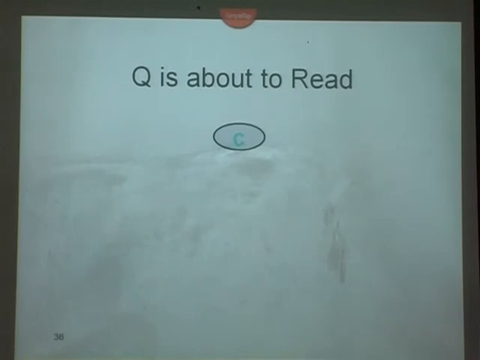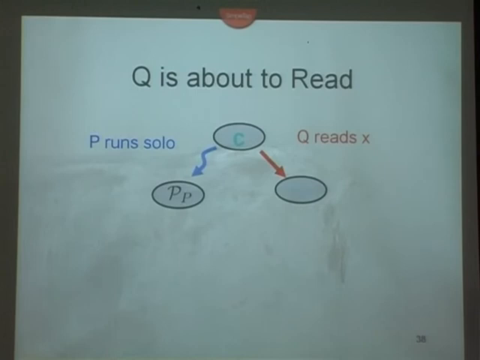So here Q is about to read. Consider the execution in which Q doesn't read, and P wakes up and runs all the way through and finishes its protocol. Now consider the alternative where Q goes first and reads the value, and then it goes down to the beach here and hangs out for the rest of the computation.